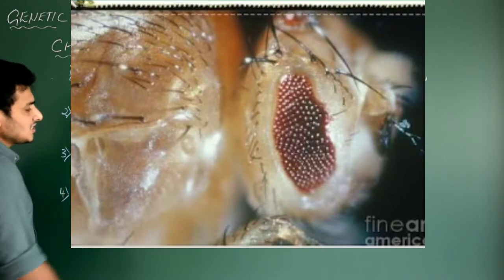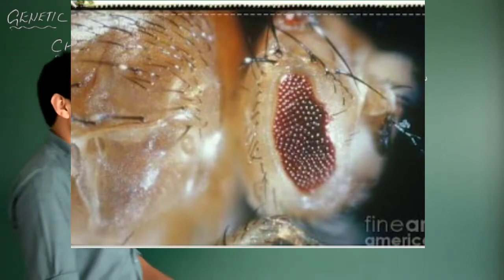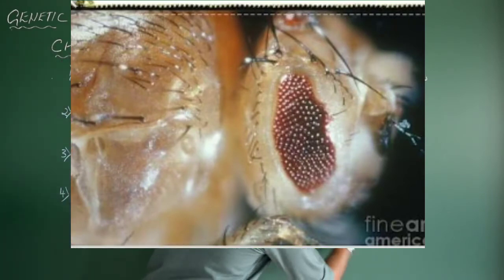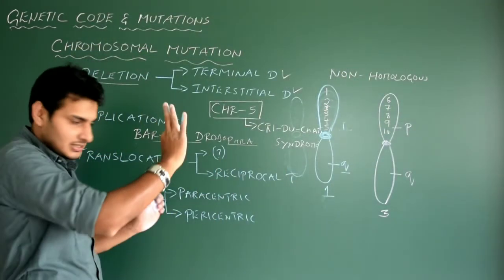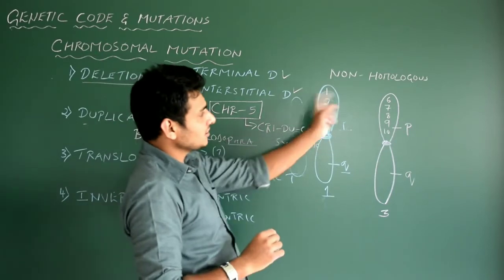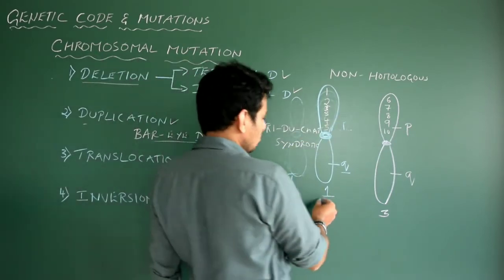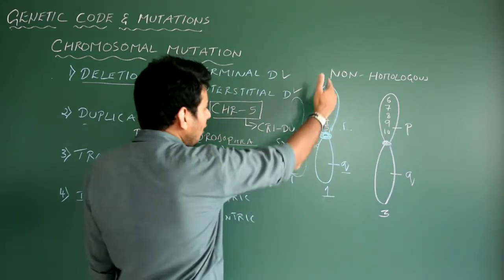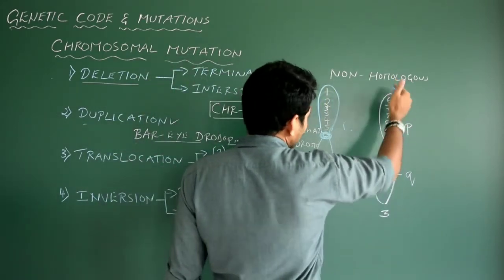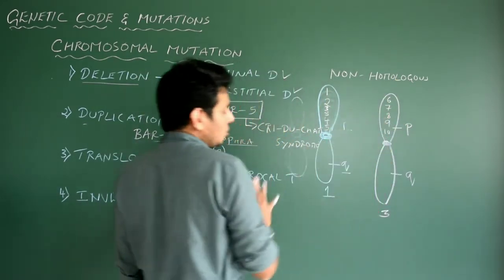Next is translocation. What is this translocation? Now we have to consider non-homologous chromosomes. The first one is translocation itself. Now I have to consider these non-homologous chromosomes, that is chromosome number 1 and 3. Here we have 5 genes and here also 5 genes in the different non-homologous chromosome.